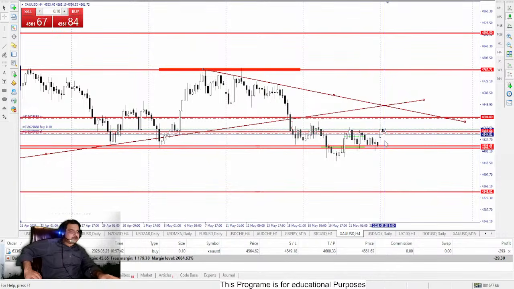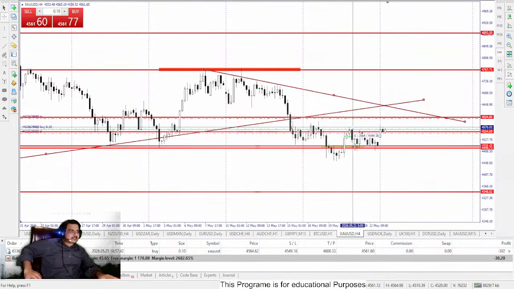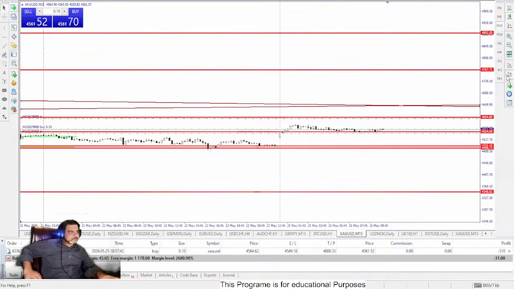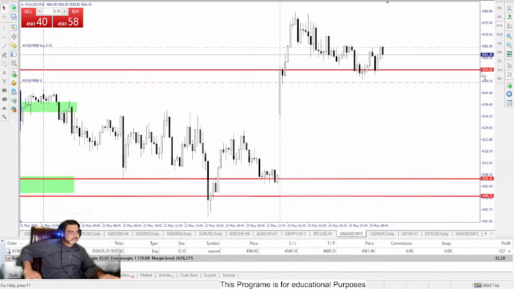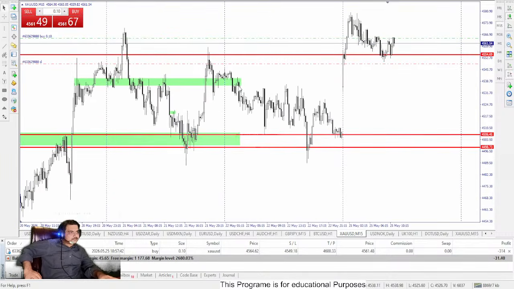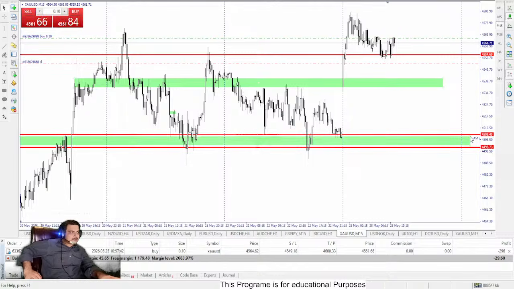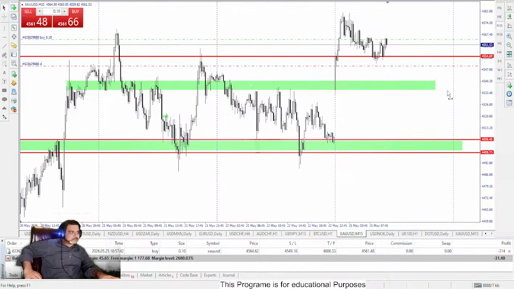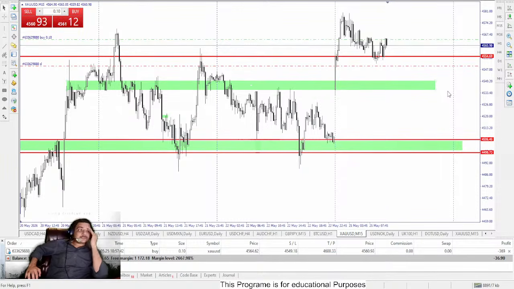If it breaks below, then we will again be saying it is coming down till here. And these are some previous zones from the previous week. So let's see what it gives us till the NY session. We survive or not.